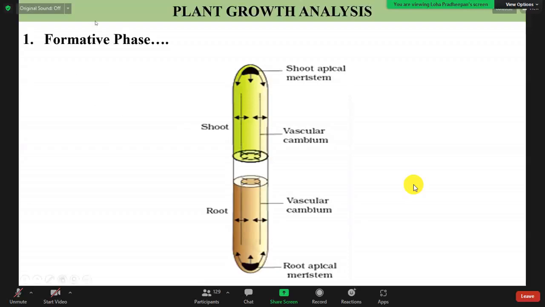If you look at this picture, this is the shoot apical meristem and this is the root apical meristem. Due to the cell division, the number of cells increases.